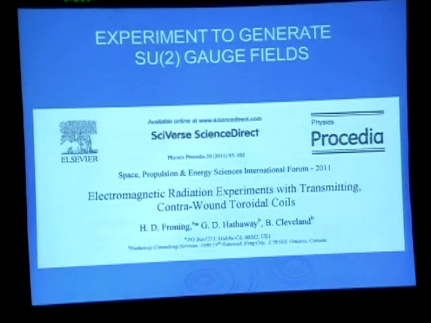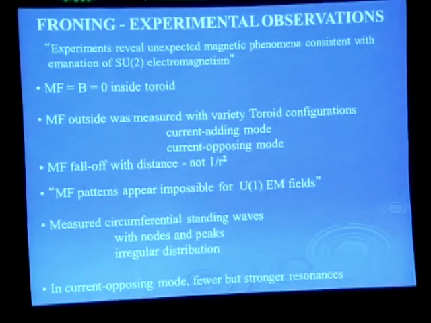You cannot measure SU2 symmetry fields using ordinary electromagnetic detectors. So all they could do is measure the U1 field, that is the ordinary field, that is emitted by these kinds of coils. And they conclude that the magnetic field patterns, first of all, don't fall off like ordinary electromagnetic fields, as in proportional to 1 over r squared.